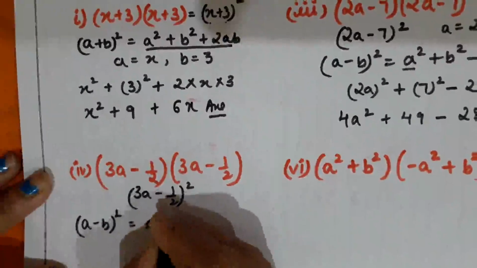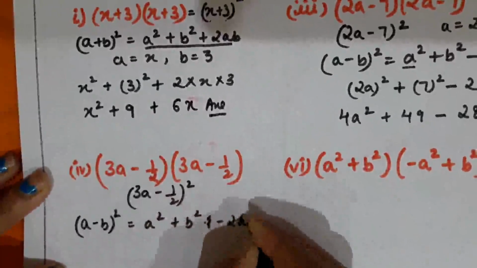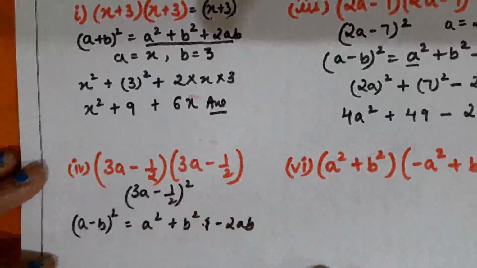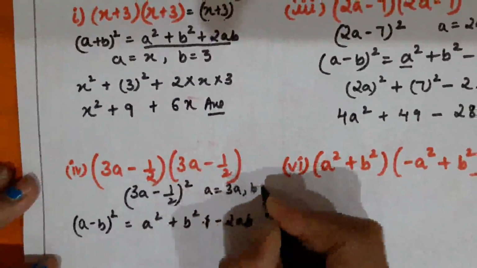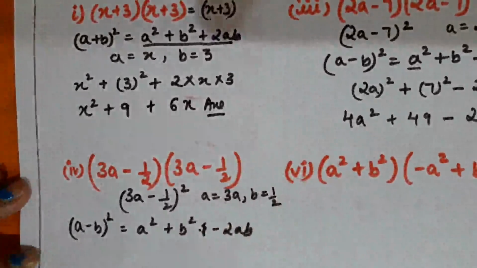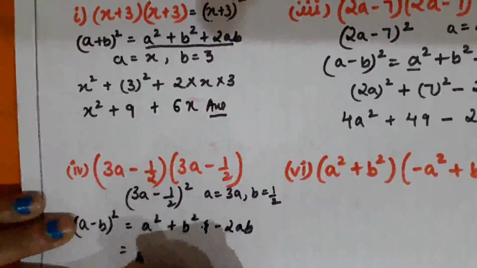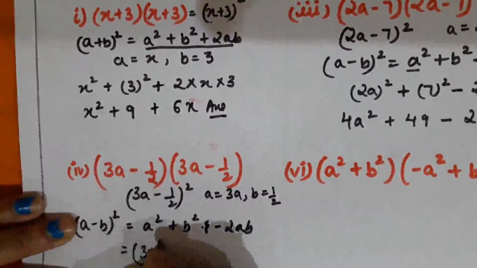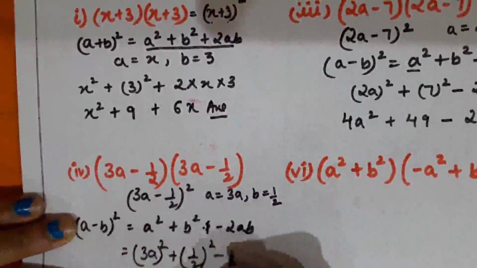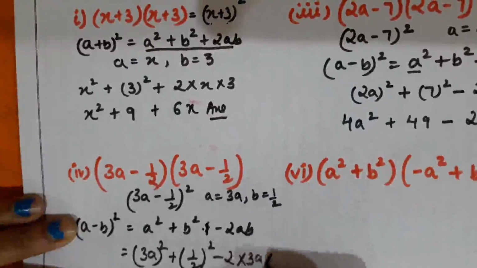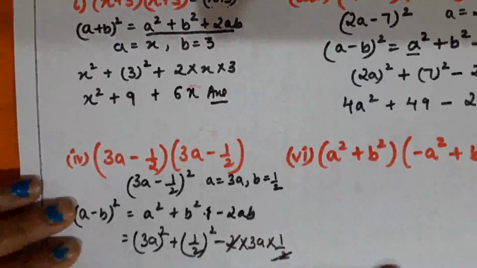It gives you a² + b² − 2ab, because minus sign is here. a is 3a here and b is 1/2. Okay, now put these values inside the formula. a² means (3a)², b² means (1/2) whole square, minus 2 into 3a into 1/2. This two cancel out each other.